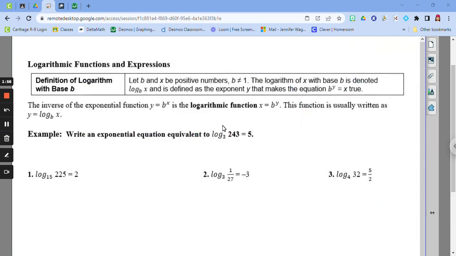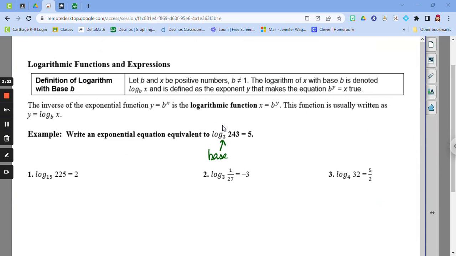All right. For an exponential equation, so we have our base. So we've got our base right here. The base is always going to be the base, whether it's as an exponential or as a logarithm.